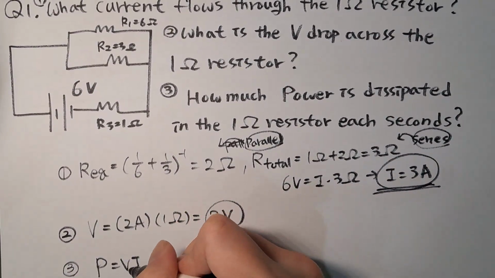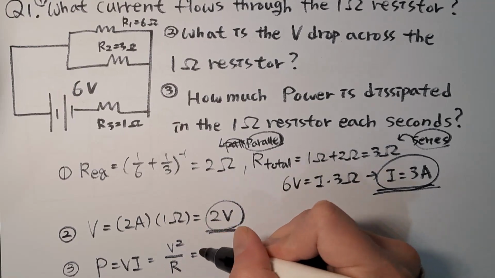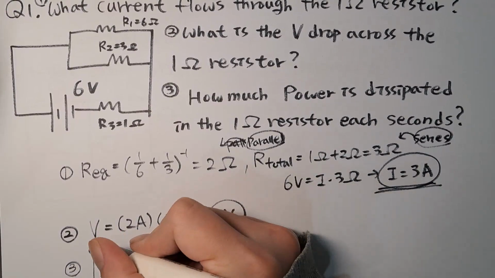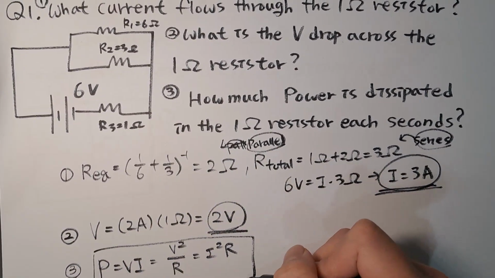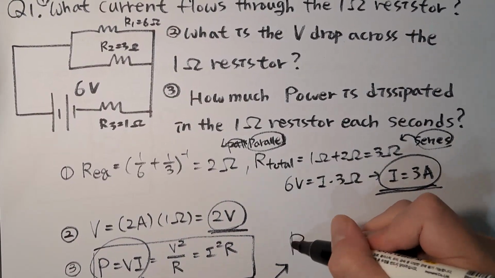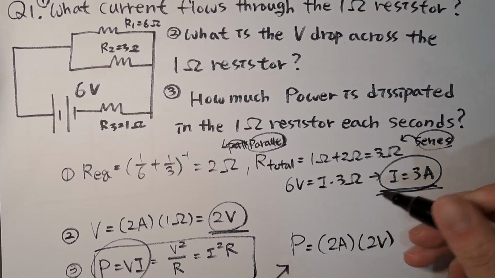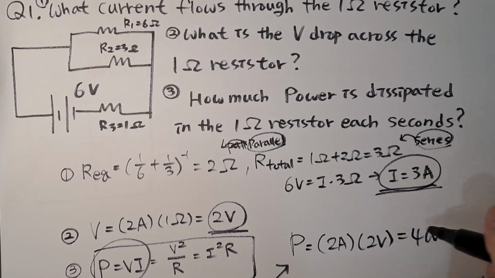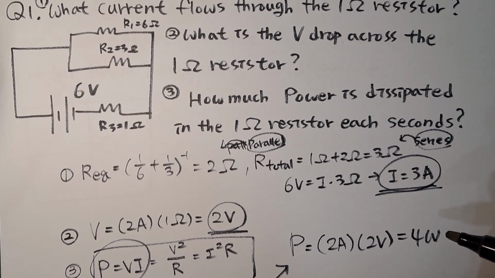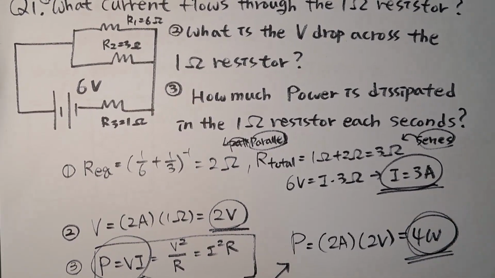And we are going to apply this equation for finding the power. And the power dissipated in the 1 ohm resistor each second is going to be 4 watts.